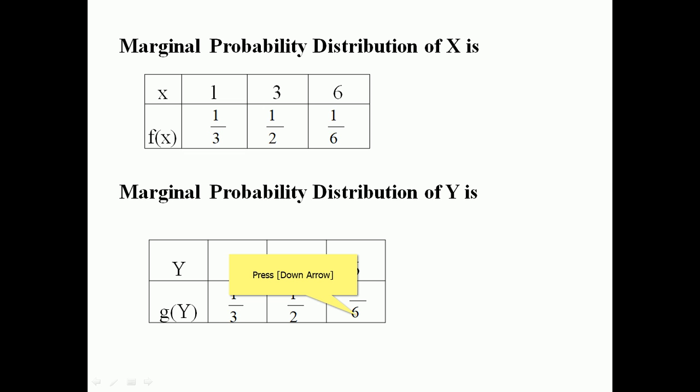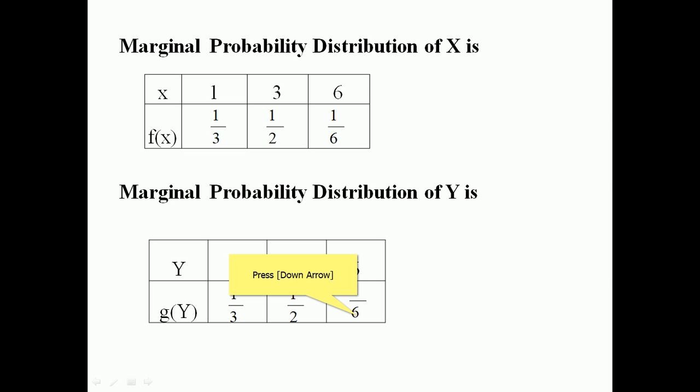J11 is equal to f of x1 into g of y1. We'll check one more value, J12, 1 by 6. f of x1 into g of y2 is 1 by 3 into 1 by 2, it's also equal to 1 by 6. J12 is equal to f of x1 into g of y2. In general, Jij is equal to f of xi into g of yj. If this condition is satisfied, then x and y are said to be independent random variables.